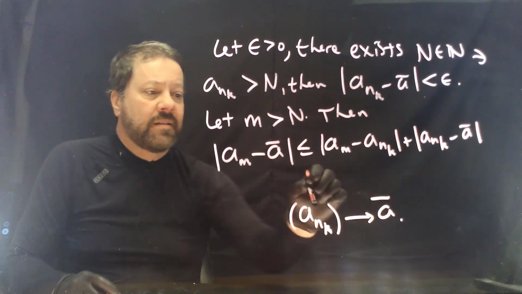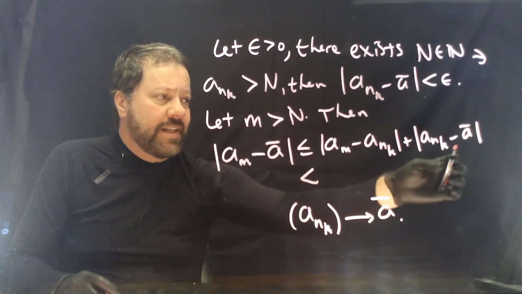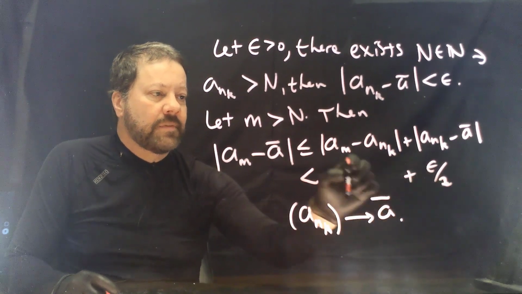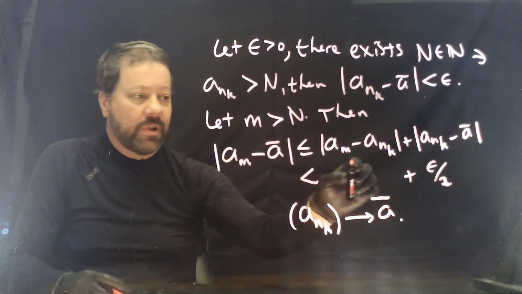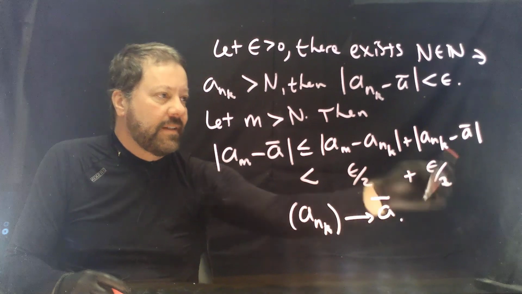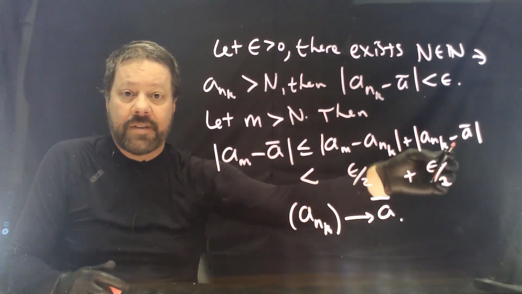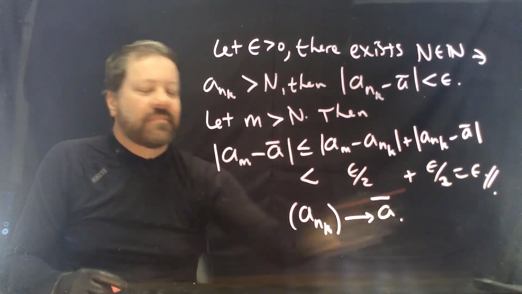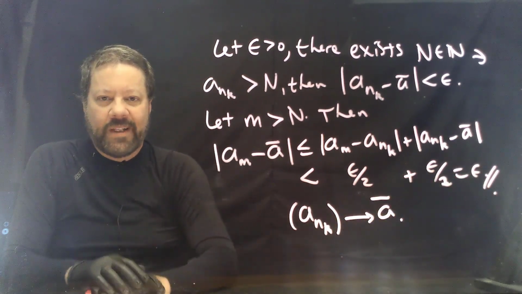Now, we can bound each of these by epsilon over 2. This one because we're a Cauchy sequence, and this one because we get convergence of the subsequence. And we get convergence.